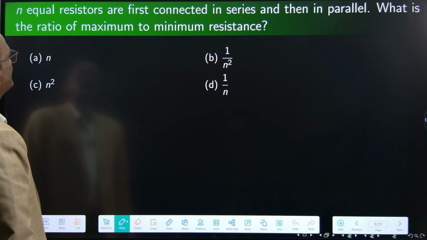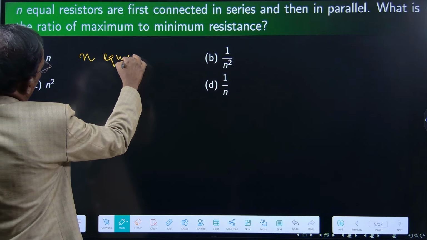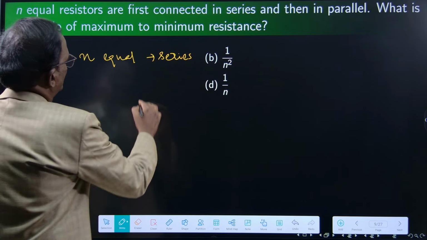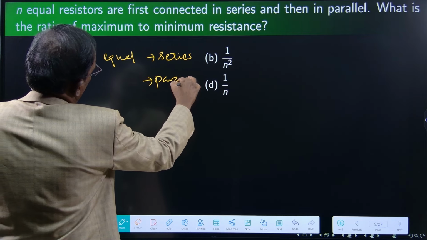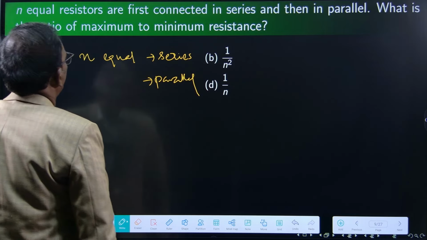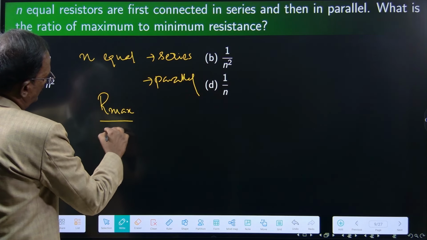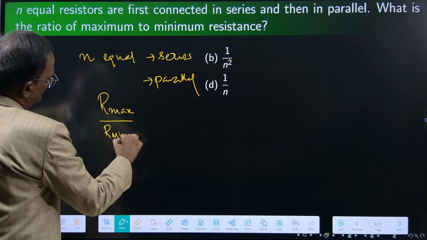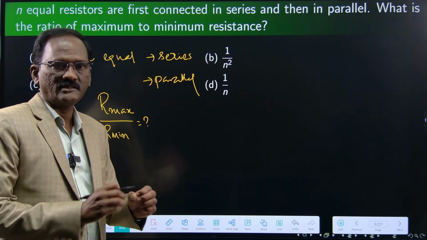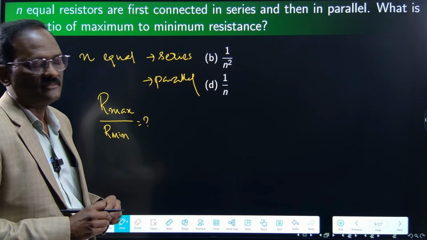Here, n equal resistors are first connected in series and then in parallel. What is the ratio of maximum to minimum resistance? R maximum to R minimum is what? When the resistors are connected in series, the equivalent resistance value will be maximum. This is what we have learnt, right?